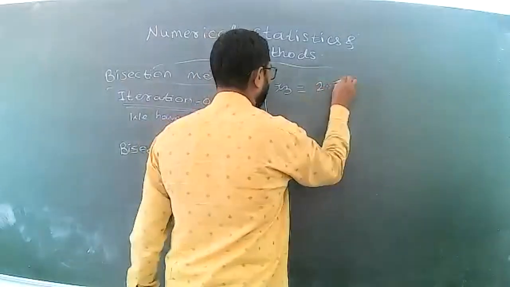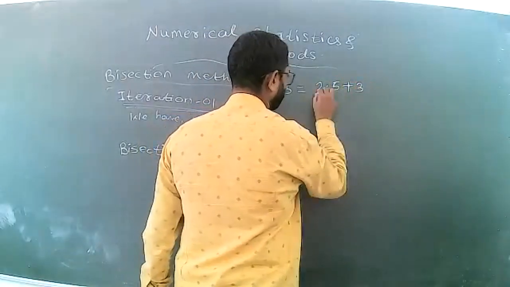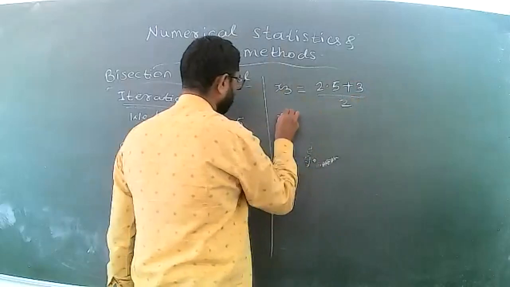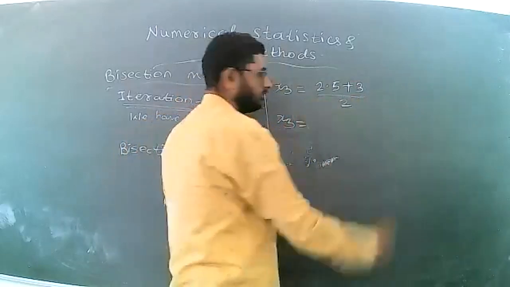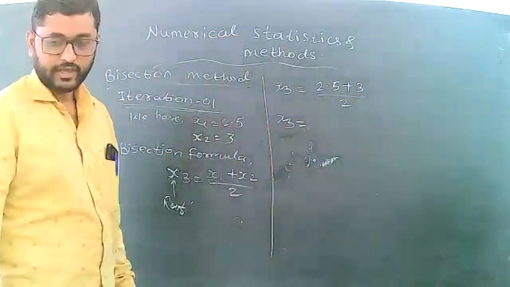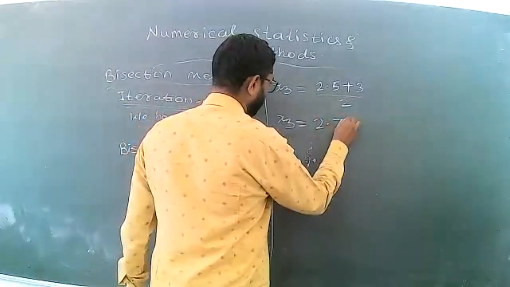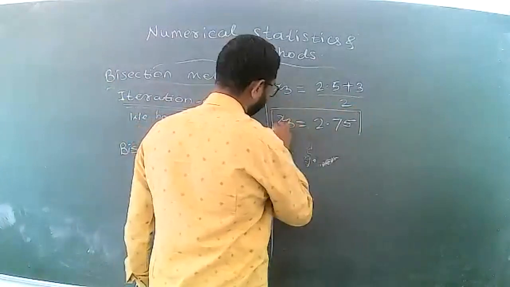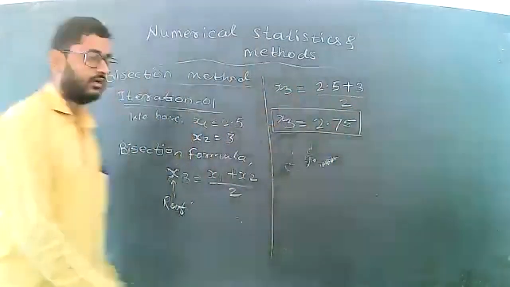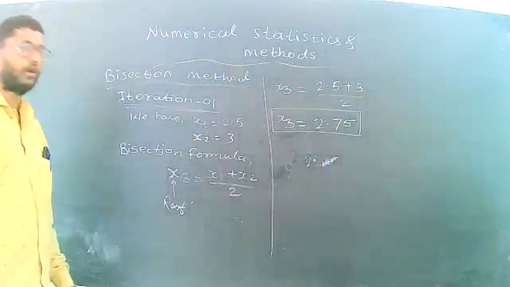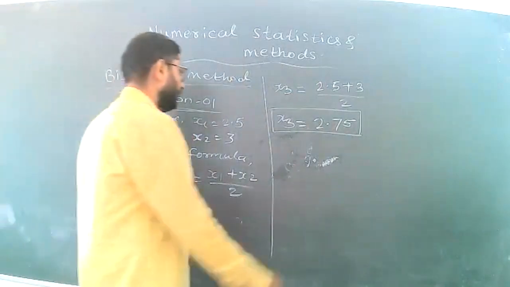So 2.5 plus 3 divided by 2. By calculation, x3 is equal to 2.75.